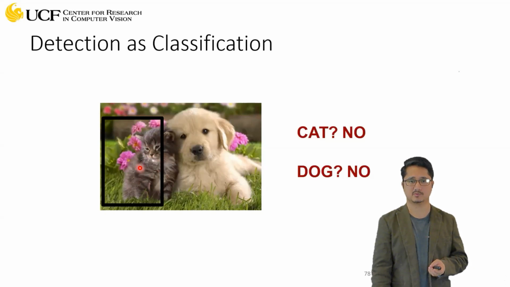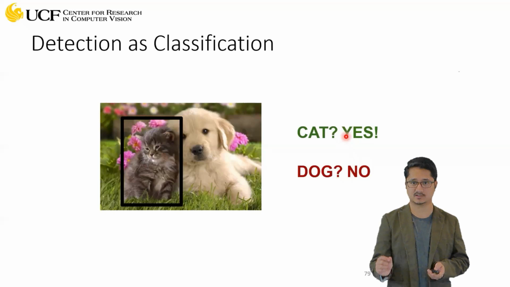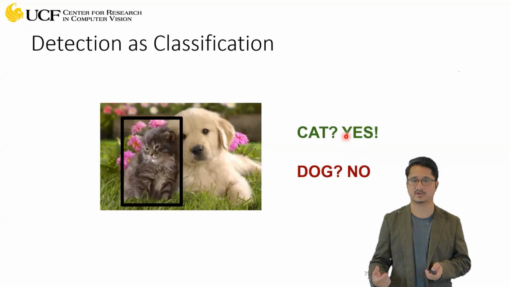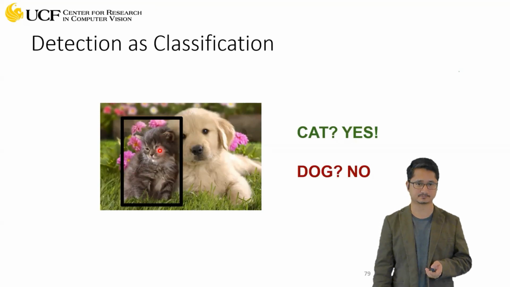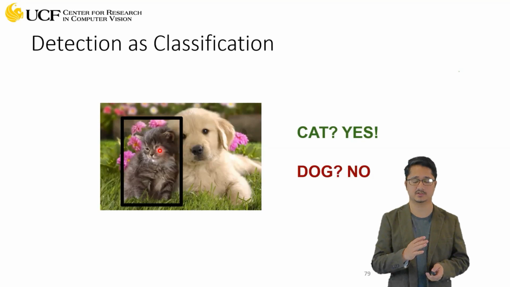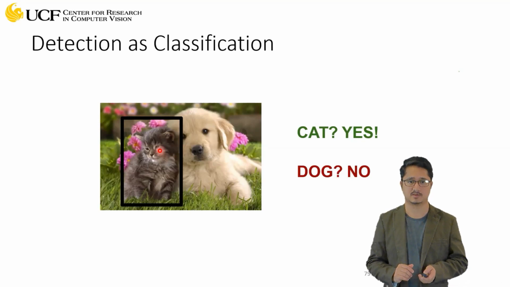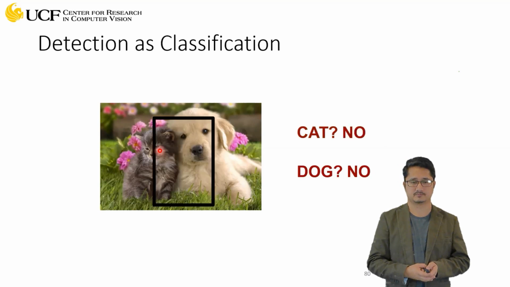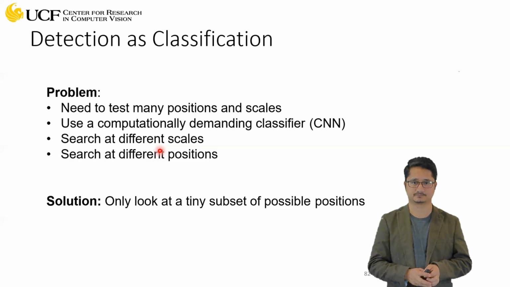In this case, if this is a bounding box, cat is no, dog is no. You slide it, cat is yes, dog is no, right? So this is a classification problem now. And what we are trying to classify are the features which you are getting from this bounding box. This is very much in alignment with the first algorithm which we studied for object detection, which was completely sliding window, right? So that's exactly sliding window.